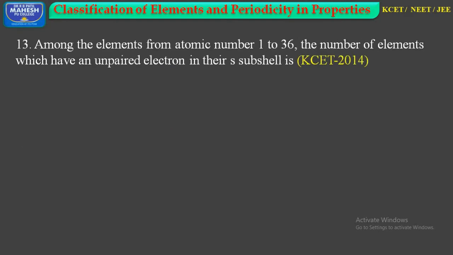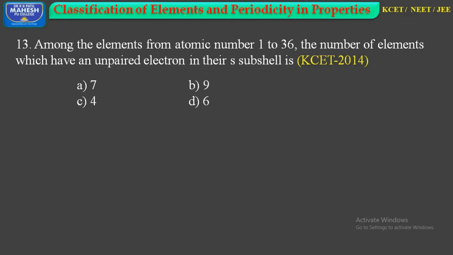Question number 13. Among the elements from atomic number 1 to 36, the number of elements which have an unpaired electron in their s subshell is, and the options are option A 7, option B 9, option C 4 and option D 6.